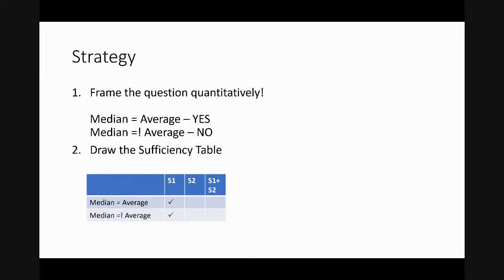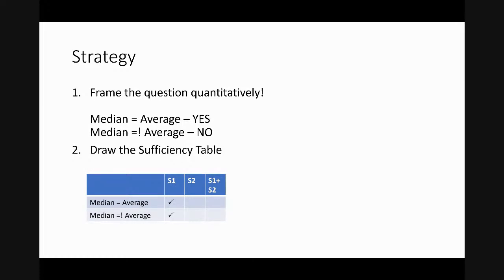So now if it satisfies both the conditions, that is, if through statement 1 I can see that the median can be equal to average, or the median can also be not equal to average, what does that do to that statement? In this case, if statement 1 shows that both of these things are valid, that would mean statement 1 is not sufficient.